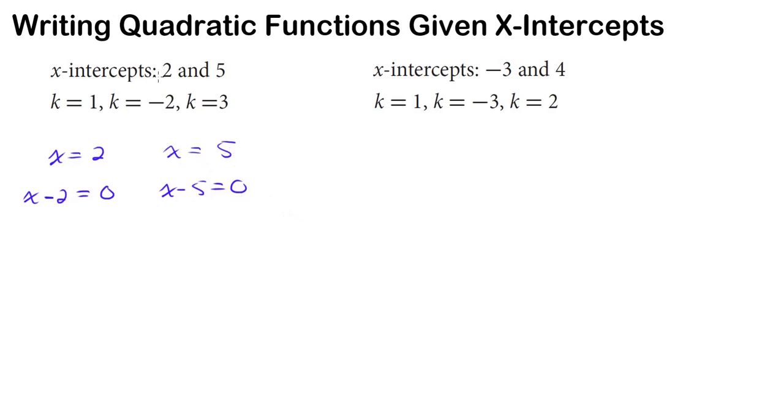So when we're doing this, we have to remember that these are opposites of what was in the binomial. So now I take that concept, and if my x-intercepts are positive 2 and positive 5, then I know my binomials were -2 and -5. So my binomial is x - 2, and my other binomial is x - 5.